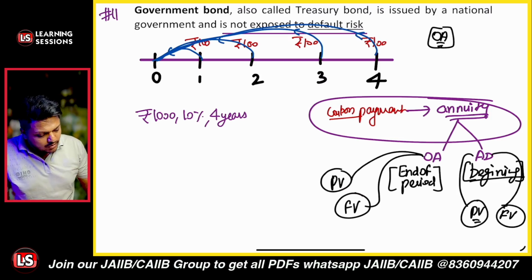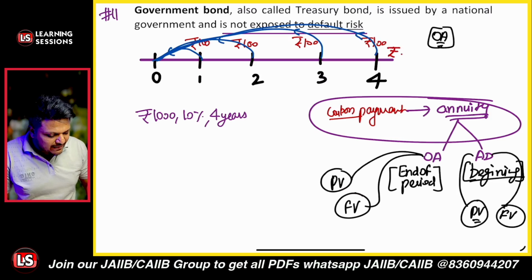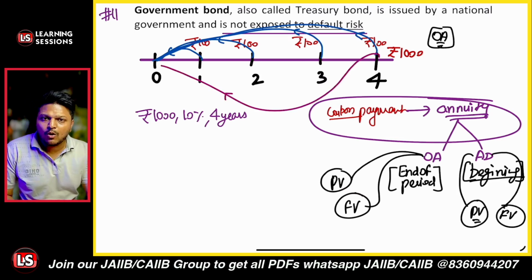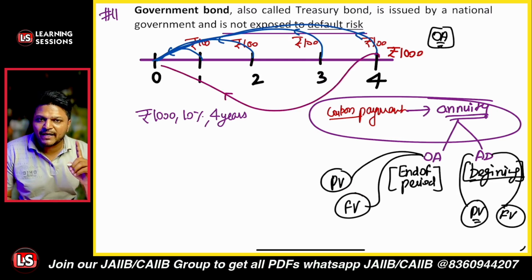And also you're getting the par value or face value at the end of the tenor, that is rupees 1000, so I'm also to reduce this particular value. If I discount all those values at the required rate of return or the market rate, then I'll be able to get the present value of the bond. That was the main thing I wanted to cover, right?